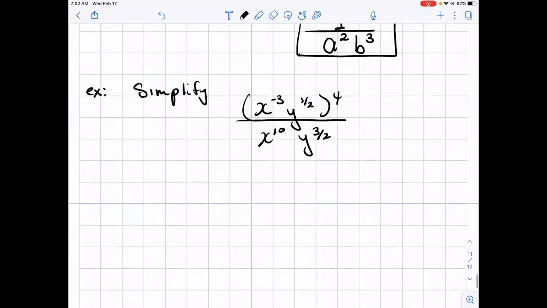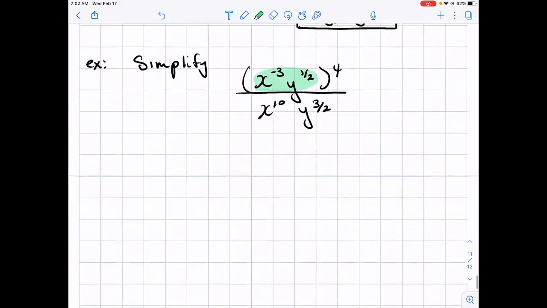Well, keep in mind inside parentheses first, right? So you always look inside here. Can you simplify anything in there? Since the bases are different, there's nothing you can do.